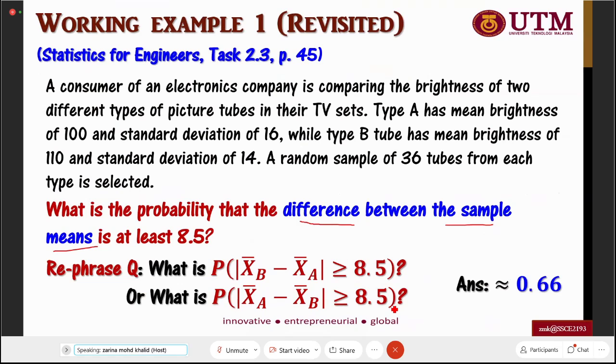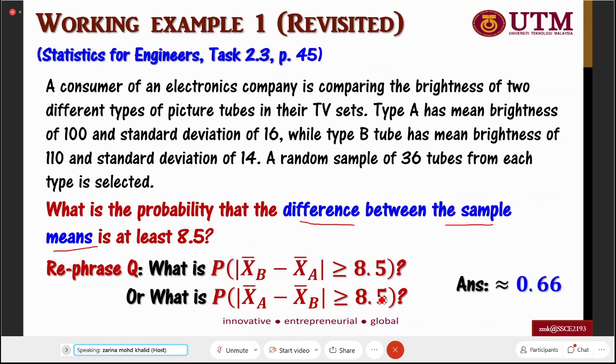So you need to be very careful. For a question like this, with no specific order, you have to put modulus. If you put modulus, either the first choice or the second choice will give you exactly the same answer. You expand first and then solve, or standardize and solve. But if you don't use modulus and approach the second one, you get the wrong answer.